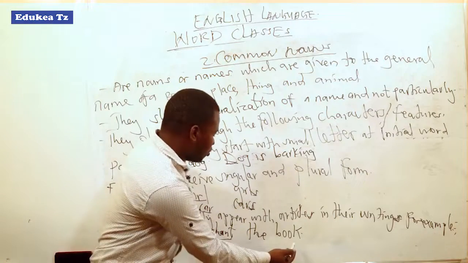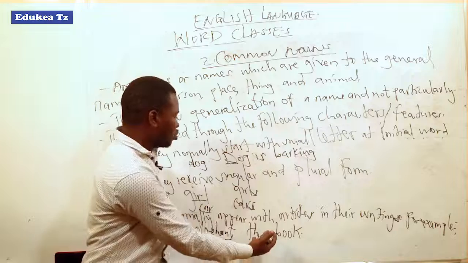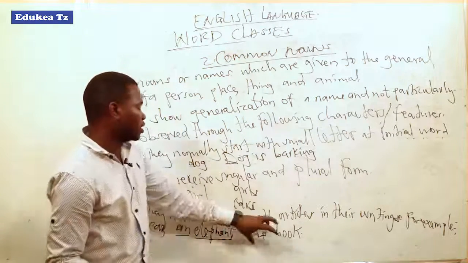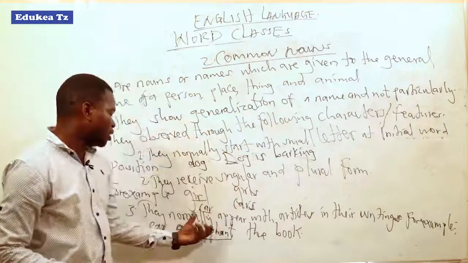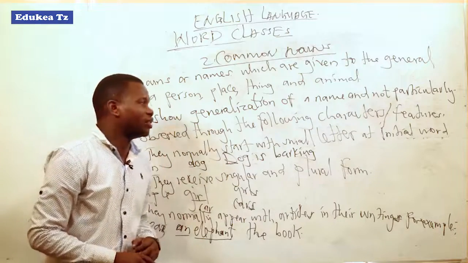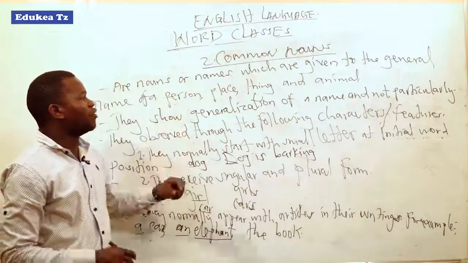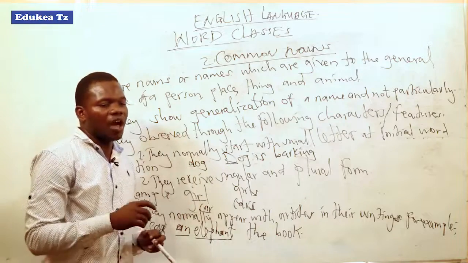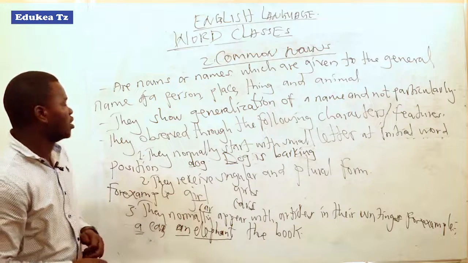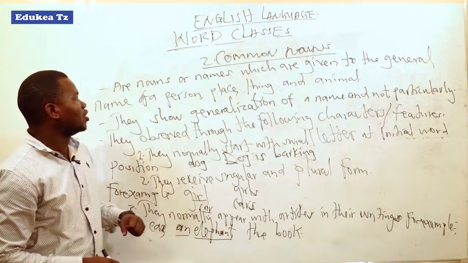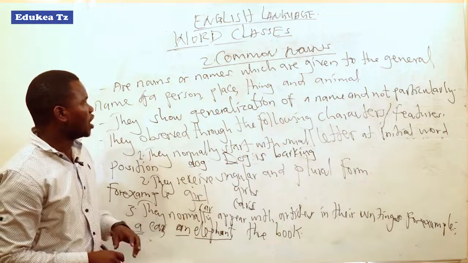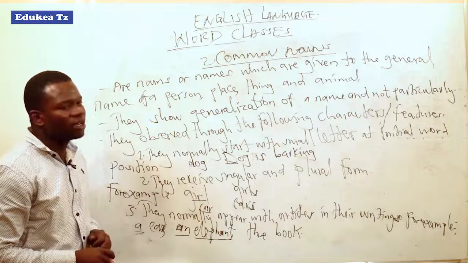Again, we have another example, the noun book. Since it is a common noun, it is accompanied by the article the. But this feature does not appear in proper nouns. That's why we say proper nouns are vice versa of common nouns, and common nouns are vice versa of proper nouns. So let us now check a task based on these two types of nouns, proper nouns and common nouns.